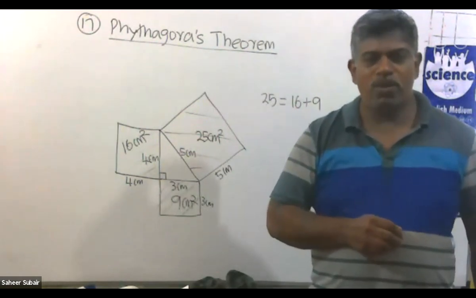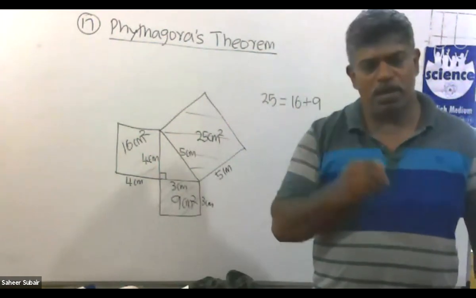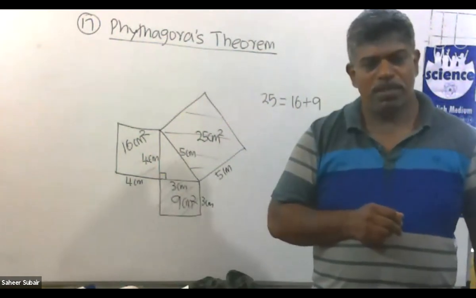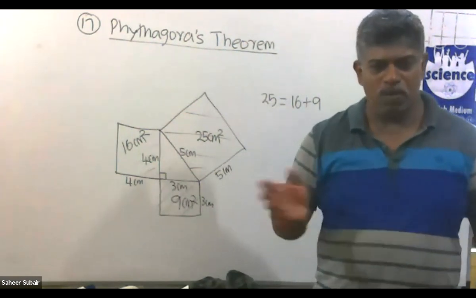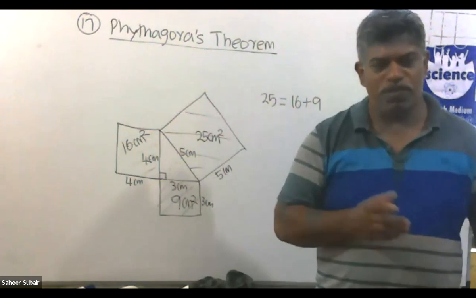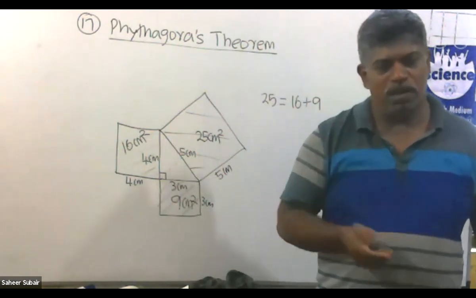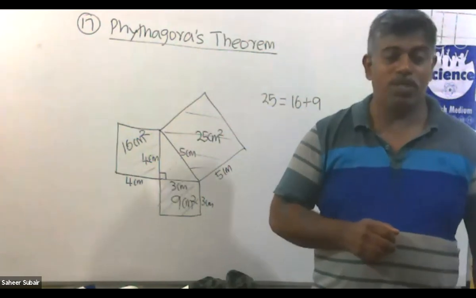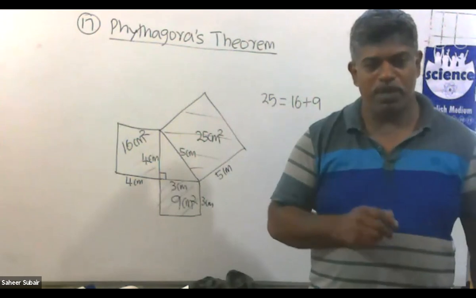Right? This was expressed by Pythagoras hundreds of years ago. Because of that it is considered the Pythagoras theorem. He was there before me, because of that only his name is here. Otherwise my name would be there.